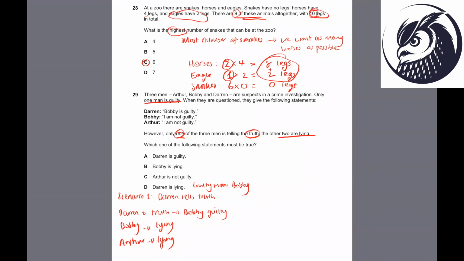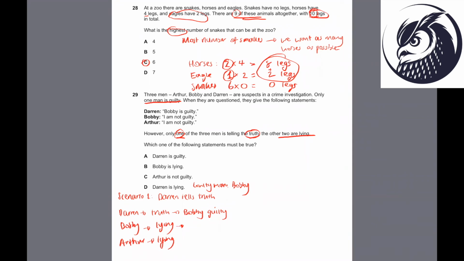So now, if Bobby is lying and he says, I'm not guilty, that makes sense, right? Because Bobby is the guilty man and he lies by saying, I'm not guilty. So that is true. He's lying.